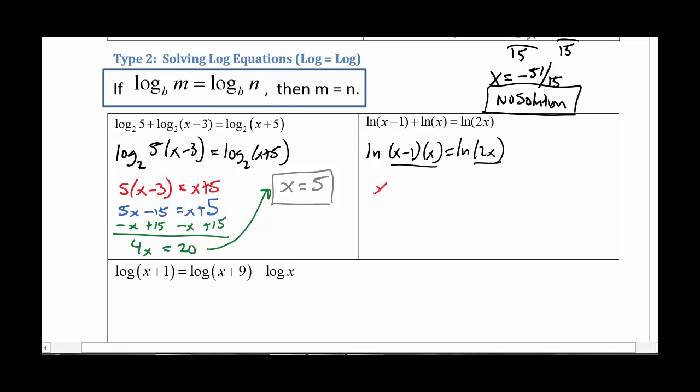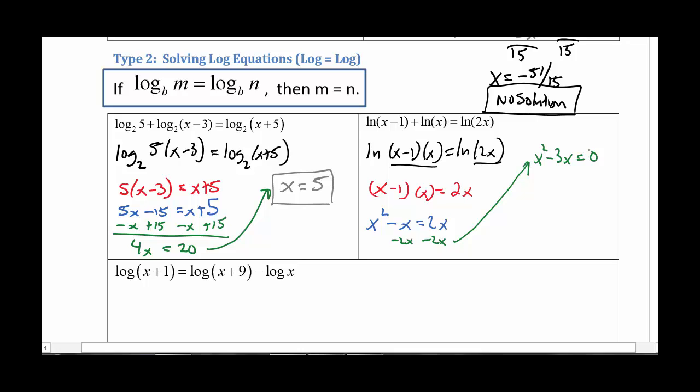So that would be x minus 1 times x equals 2x. And let's distribute that in. So that would be x squared minus x equals 2x. And so if I subtract off the 2x and bring it over, I get x squared minus 3x equals 0.